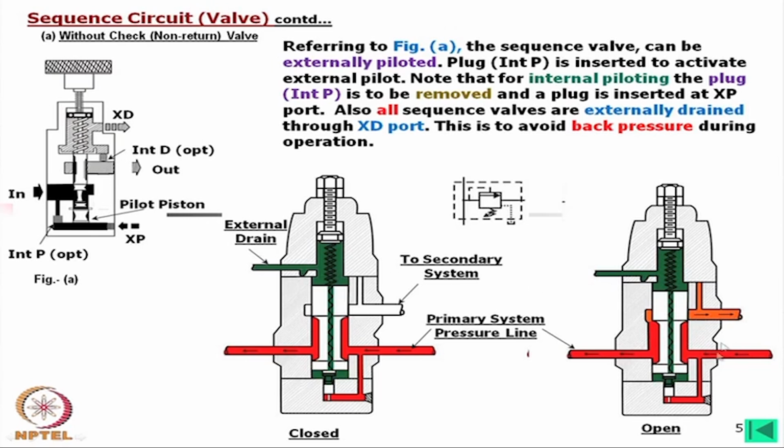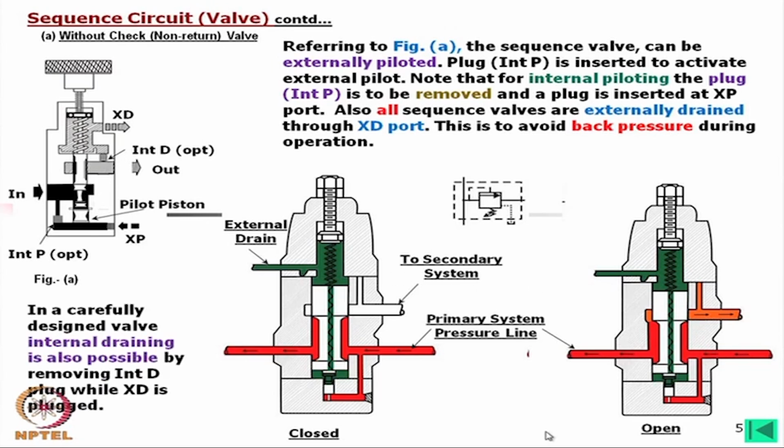In any way it is shown here closed. In a carefully designed valve, internal draining is also possible by removing the internal D plug while XD is plugged. We can, this is plugged and we can internal drain, that means we can have this passage connected, it is not shown here.